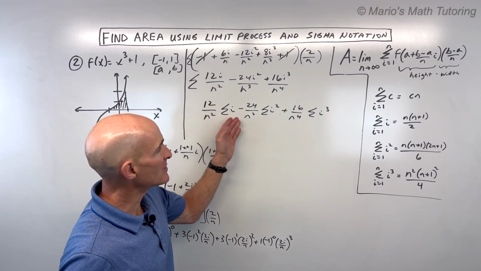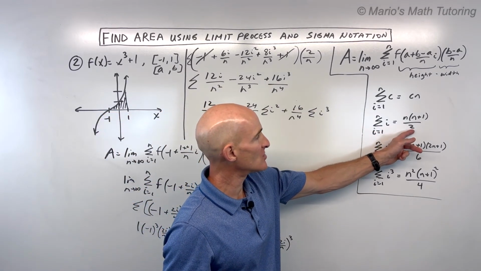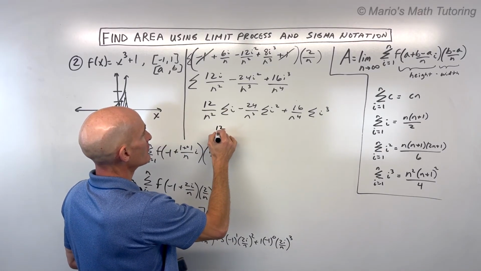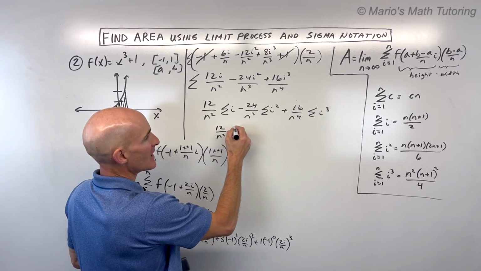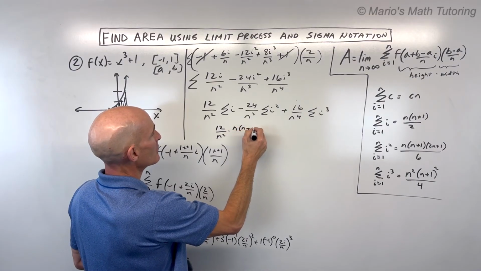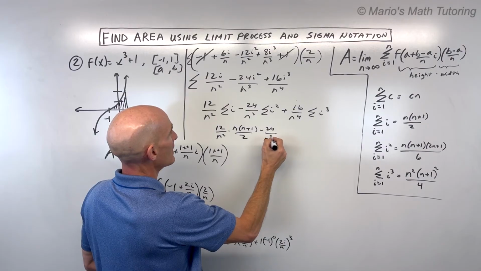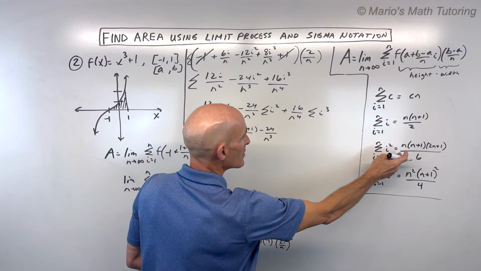Now, you can remember these formulas here, the sum of consecutive integers, it's n times n plus 1 over 2. So this is 12 over n squared times n plus 1 over 2 minus 24 over n cubed. Now the sum of consecutive squares, that's this formula.